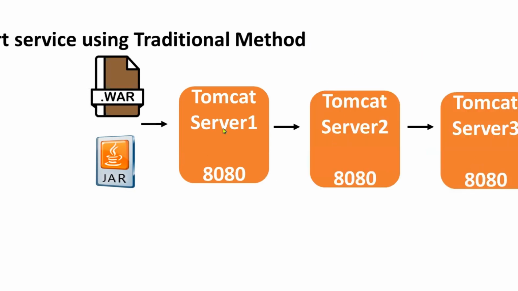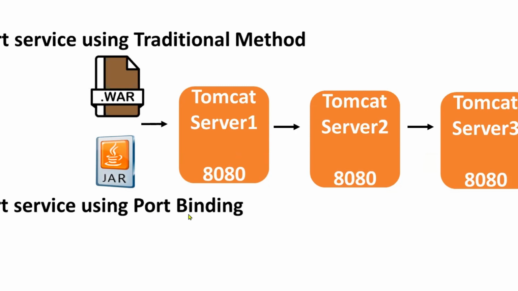And then we would restart the Apache Tomcat service on each and every box, and the 8080 port number would be enabled on each service. So that was the traditional method which we have used. When we have particular developed files, we deploy on each and every server, and then restart the service.